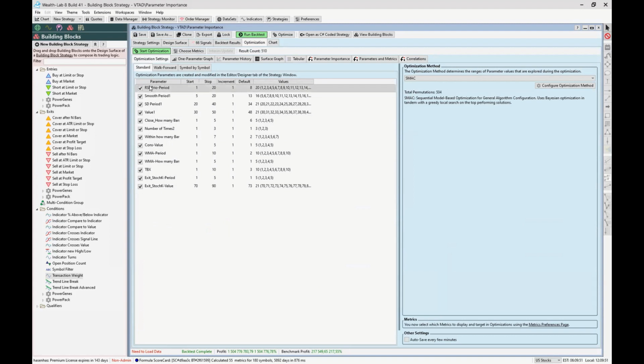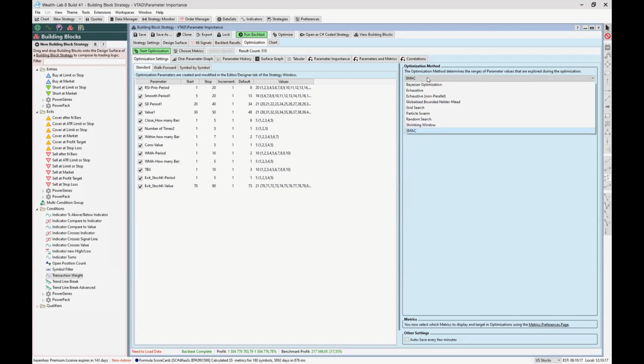Of course, if you are optimizing all of these settings here, it takes a long time for the computer to go through all these settings, because you can see the increment is here 1. So that means this step is 70, 71, 72, and so on, to find the best results of all these settings here.